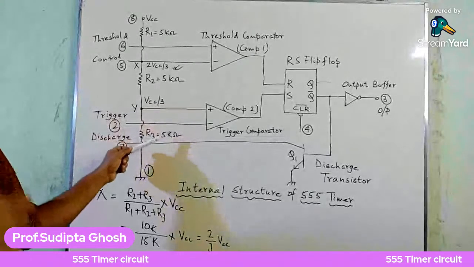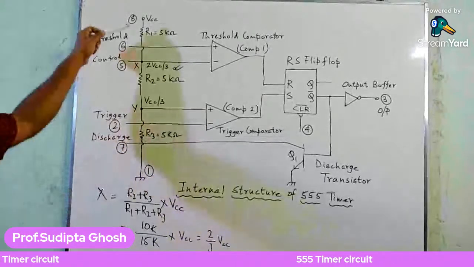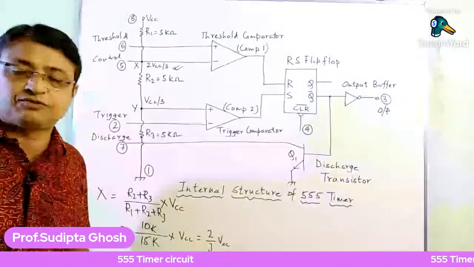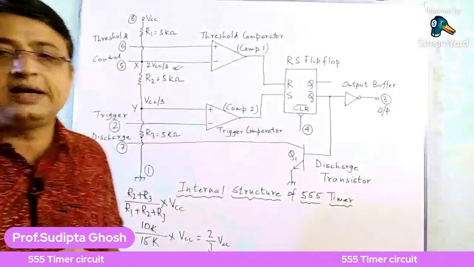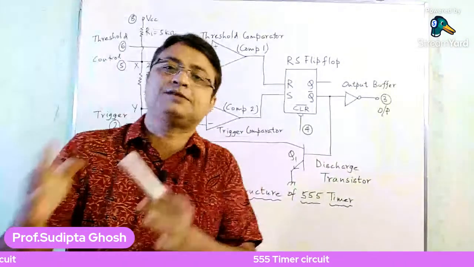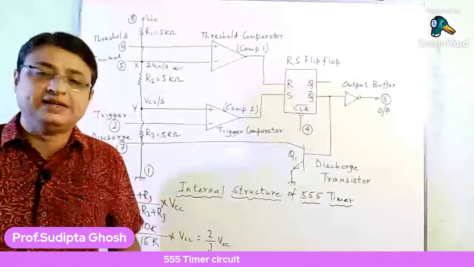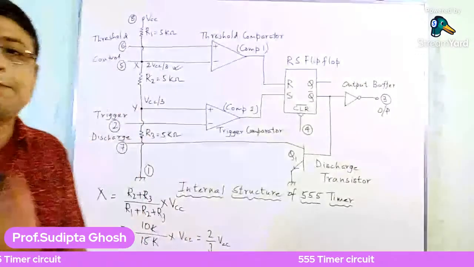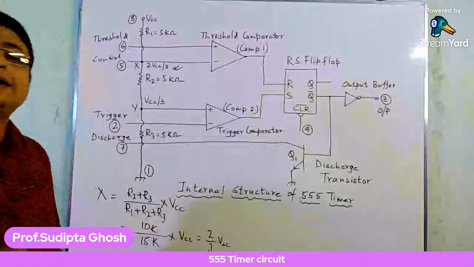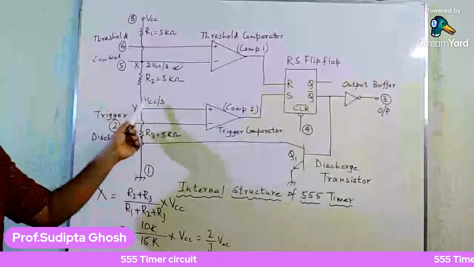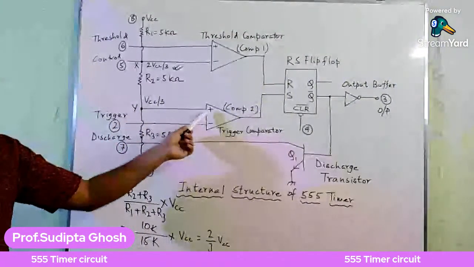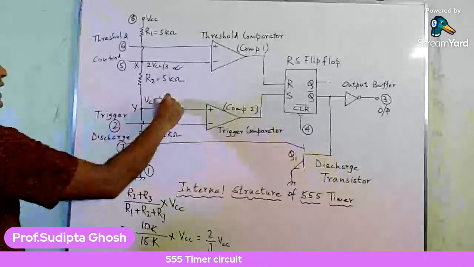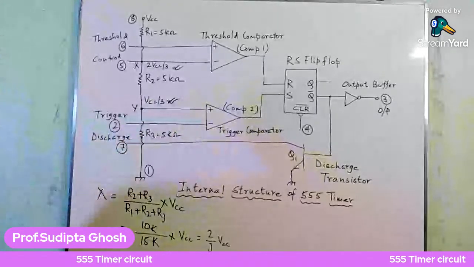So this will be R3 divided by the entire 3 resistors, that is R1 plus R2 plus R3. So 5K divided by 5 plus 5 plus 5, that is 15K, into VCC, and that means 1/3 of VCC. So the potential at the point Y, that is the potential at the non-inverting terminal of the trigger comparator, is VCC by 3. Is it okay?